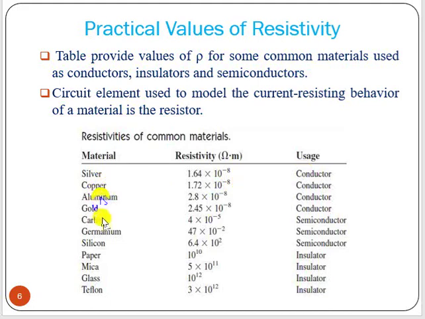Silver, copper, aluminium, and gold are all conductors. When the resistivity range is between 10 to the minus 5 and 10 to the power 2, it acts as a semiconductor, like carbon, germanium, and silicon. When the resistivity value is very high, 10 to the power 10, 11, 12, those act as insulators. So resistivity very low means conductor, moderate means semiconductor, very high means insulator. Examples are paper, mica, glass, and Teflon.